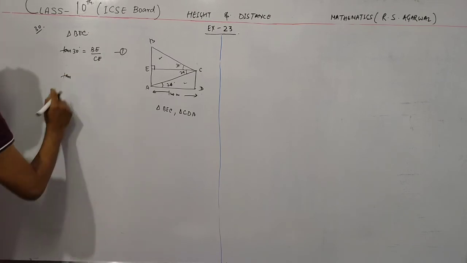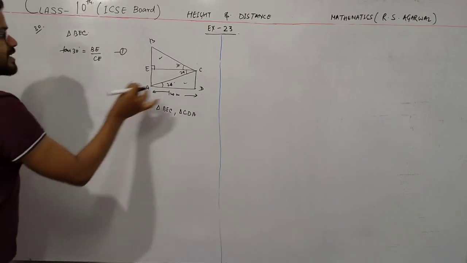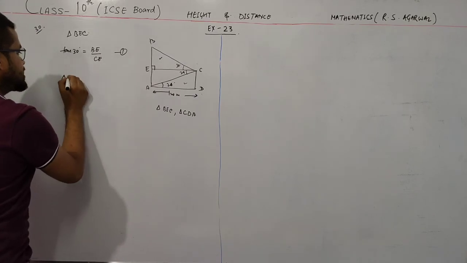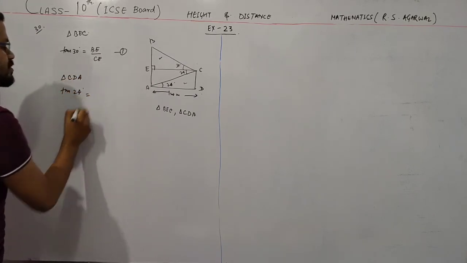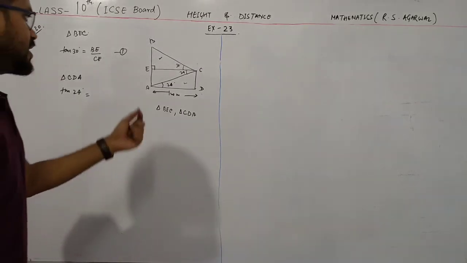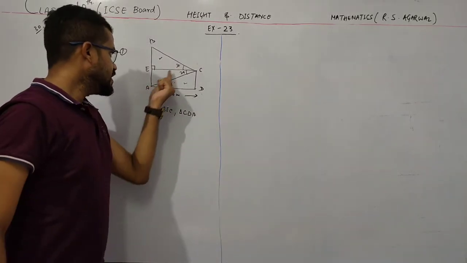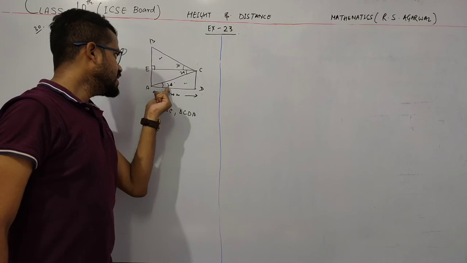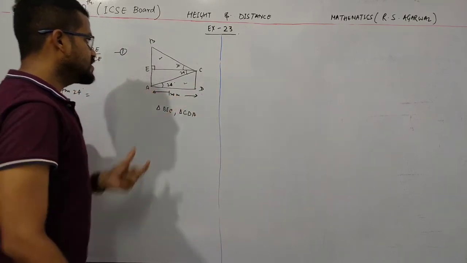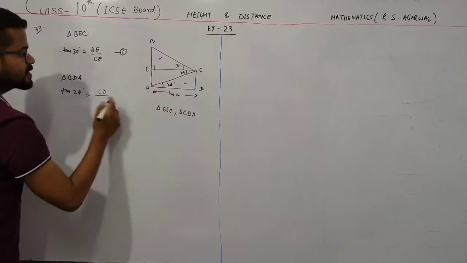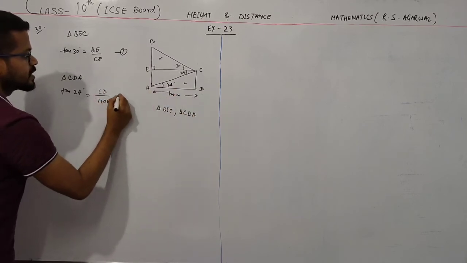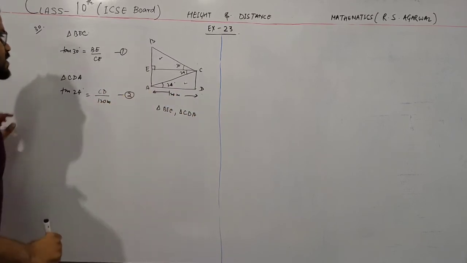Now again from the second triangle, which is CDA, here I write tan 24 degree because the angle of depression given is 24. So this is equal to, tan 24 degree, this is perpendicular, this is base. So this is CD upon 120 meter. Okay, this is equation number 2.